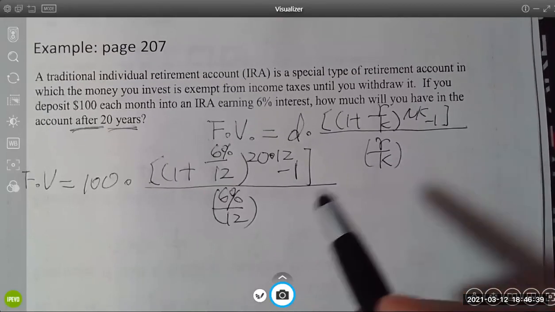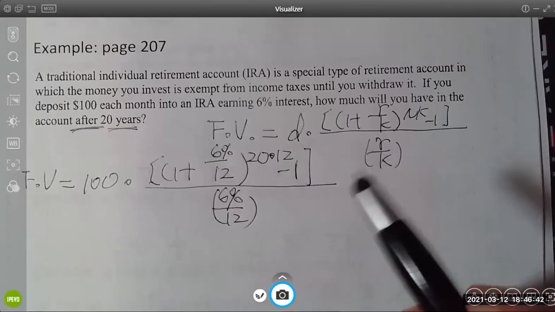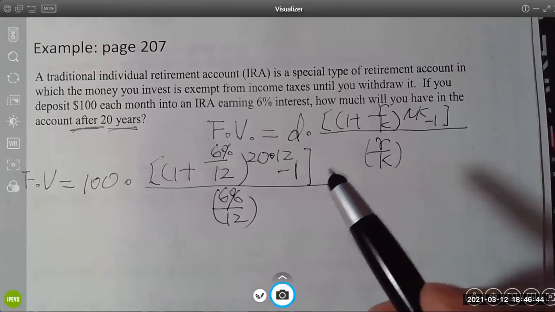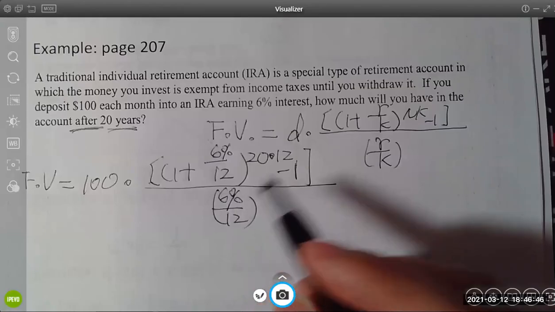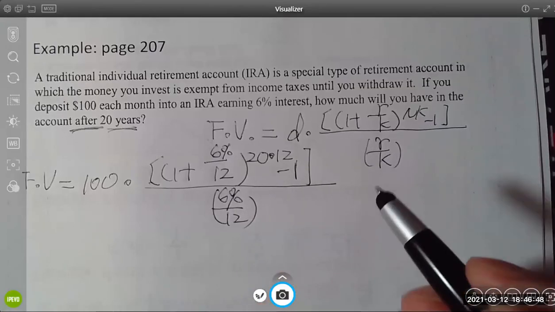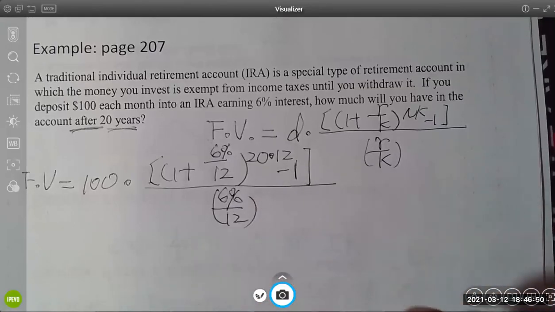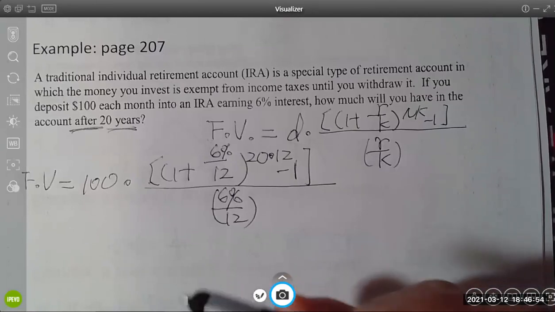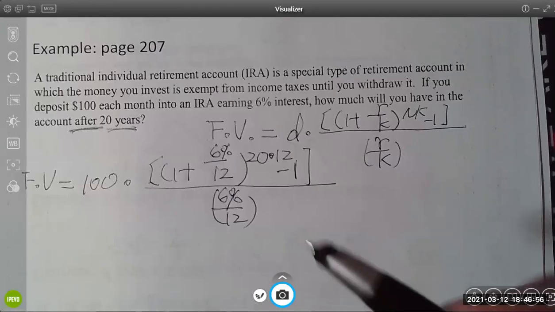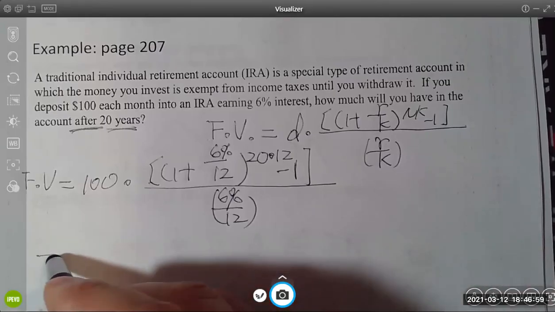Even though I did the development of formulas for the simple interest account and the compound interest account, this one is way more complex. As long as you can identify which formula to use and use it correctly, you'll be fine. So let's do the calculation part.